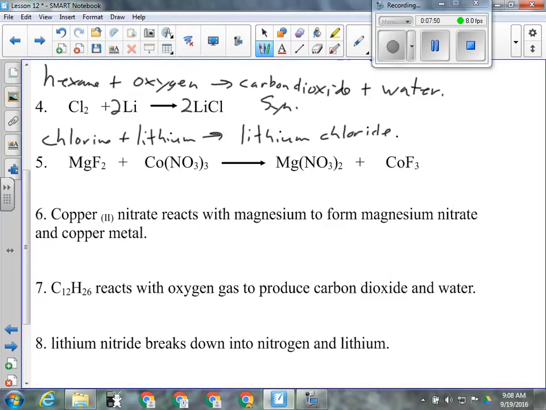Okay. Number 5, we got magnesium fluoride reacting with cobalt 3 nitrate to give us magnesium nitrate and cobalt 3 fluoride.